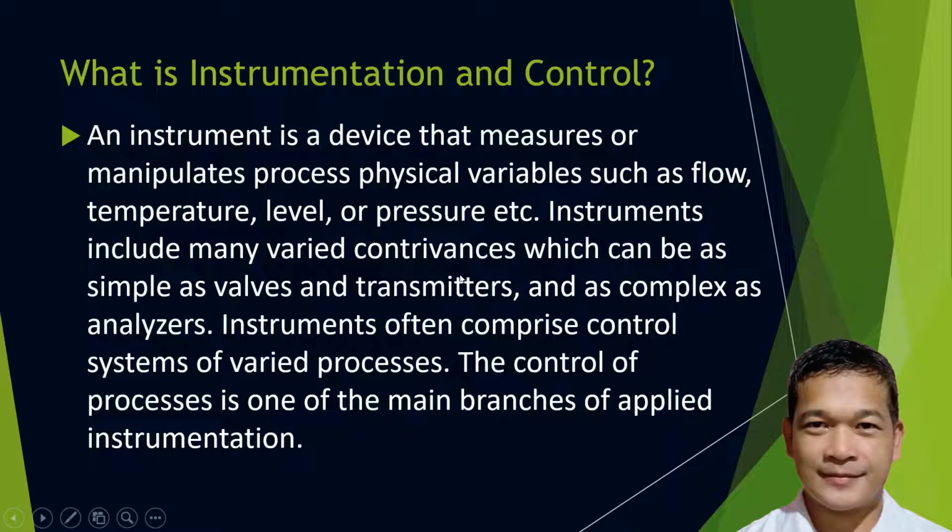So what is instrumentation and control? First, an instrument is a device that measures or manipulates process physical variables such as flow, temperature, level, or pressure, or any device that is capable of measuring or getting information from the measured variables.